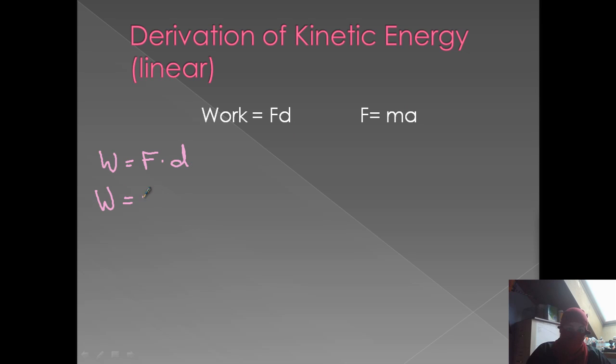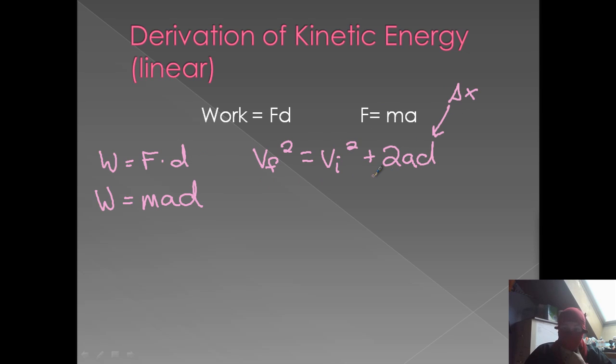So work equals mass times acceleration times D. So if we use this kinematics equation, remember this, Vf squared equals Vi squared plus 2AD, where D also stands for your delta x, means the same thing. Change in x, this D and that delta x, same thing.